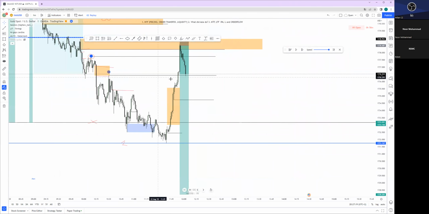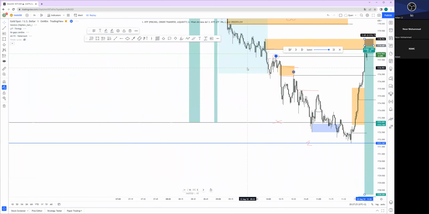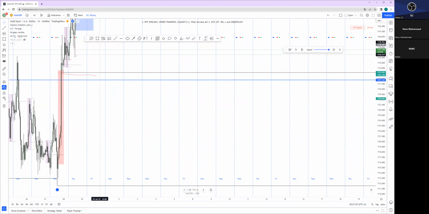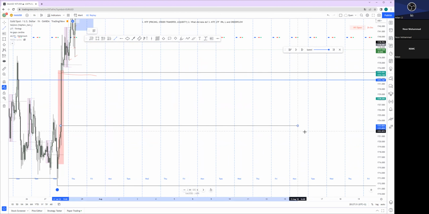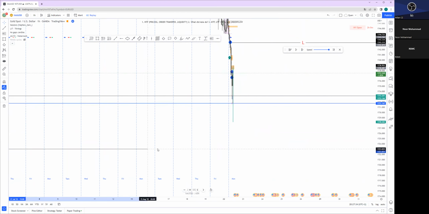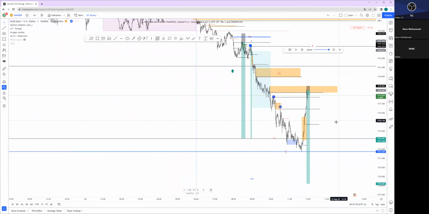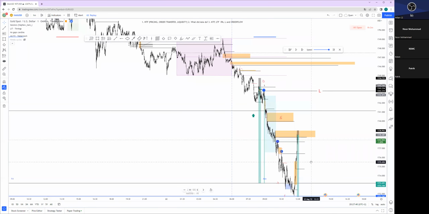Wait, what time is it? Okay, so I'll play it back to 59 and go to 1H and look for a target on 1H. You can even target this, but we'll check the pricing before that.